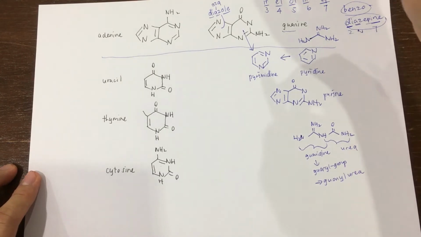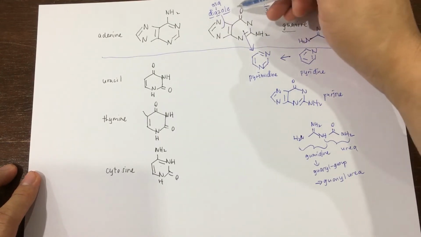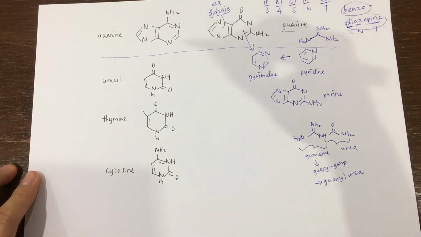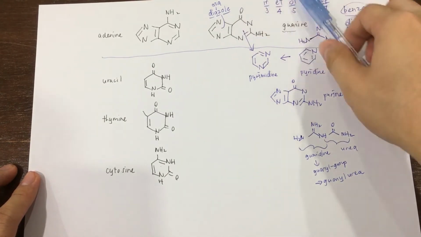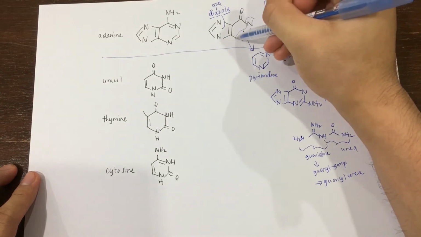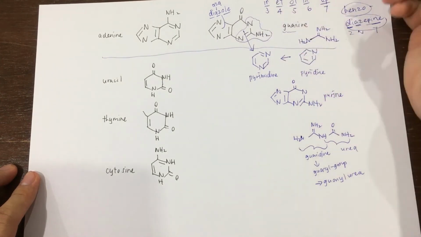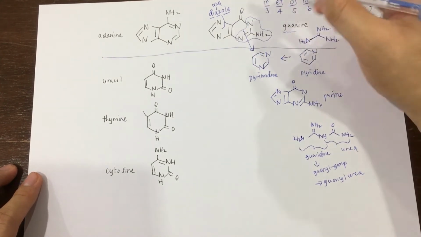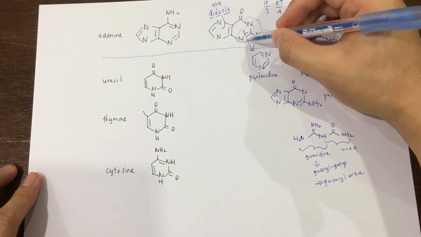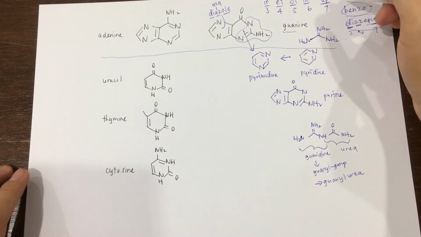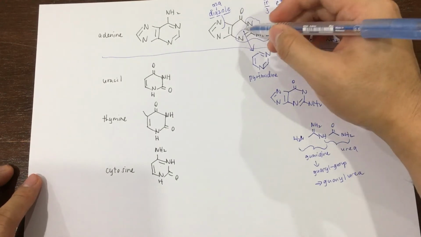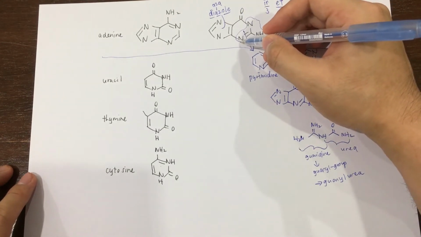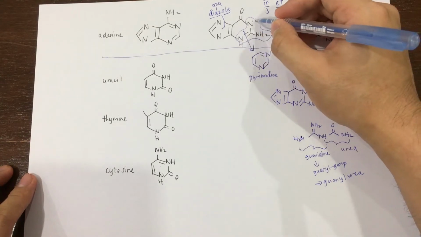So in this purine right here, there's actually a presence of the guanyl group, which is right here. There's a double bond here, and there's the nitrogens. So if you look at the structure, there's a hydrogen here.